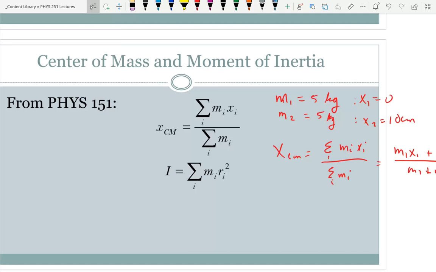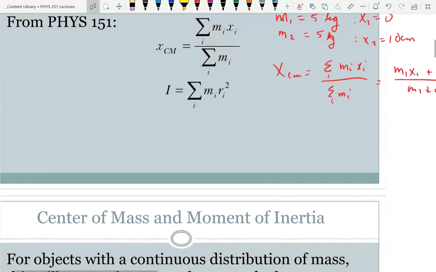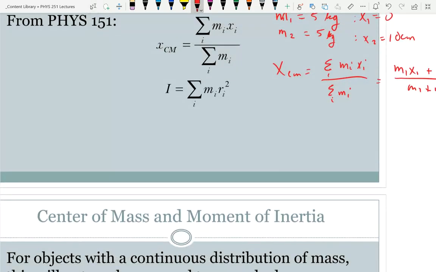And so in this case, I might have, let's say, 5 and 10. The masses are the same, but R1 is equal to 5 centimeters, R2 is equal to 10 centimeters.